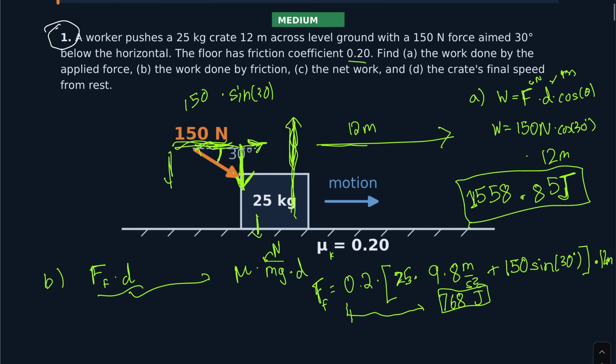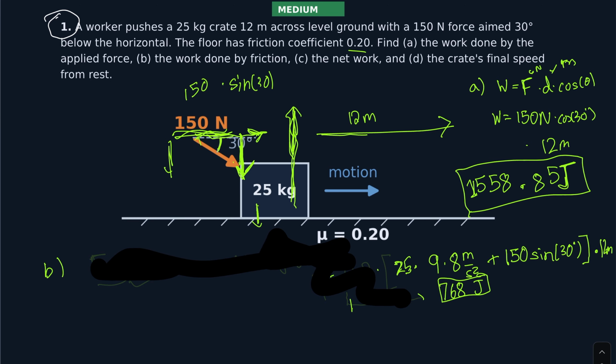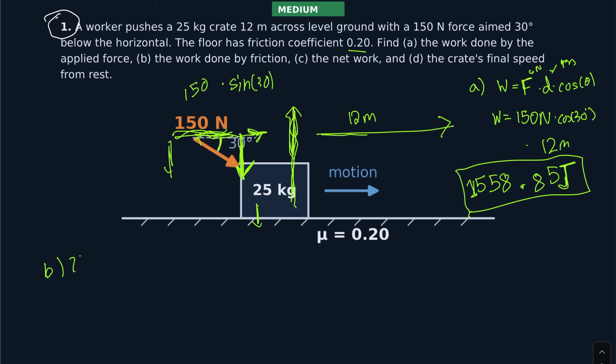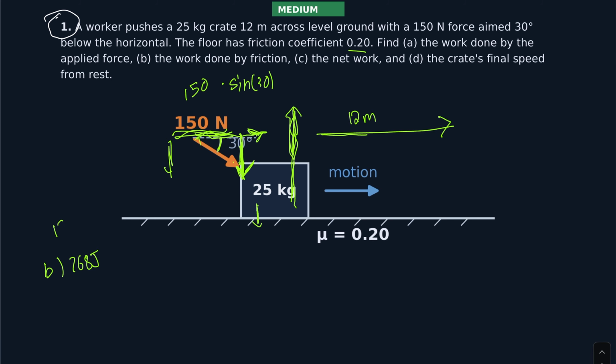All right, so now what? We have our answer for B, we have our answer for A. So actually I'm going to erase this so I can give myself some more space. Right, 768 joules over here. And then for A, 1558.85 is A. So what about C? The net work is what?